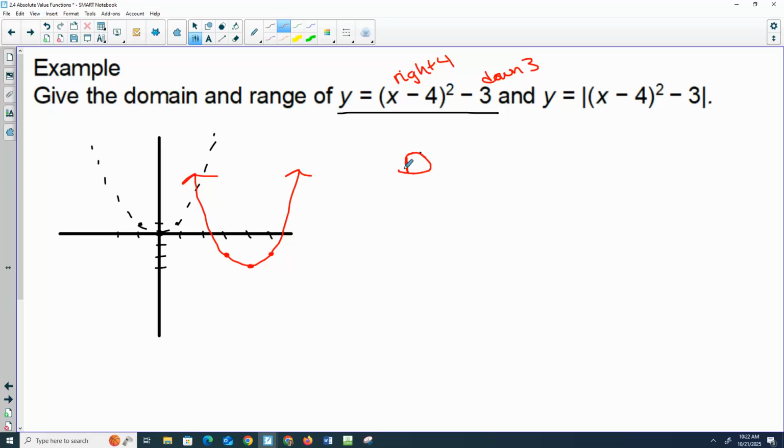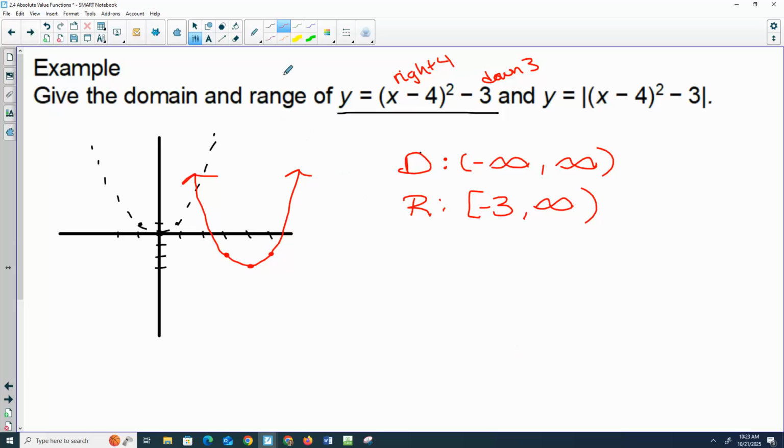What's the domain of that? What is the range of that function? Y start at -3 and go up forever. Do we agree with that?